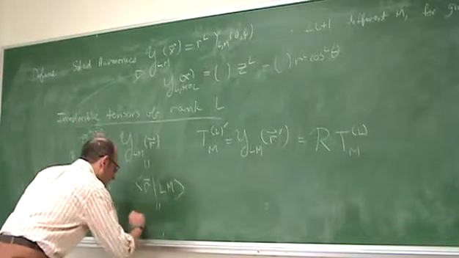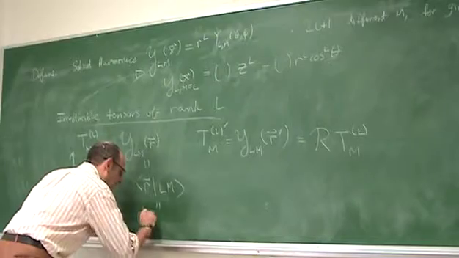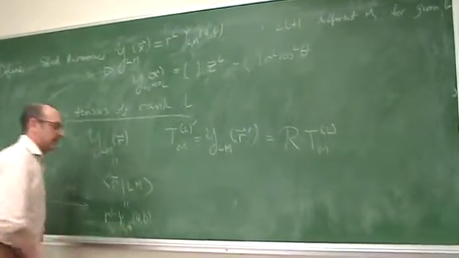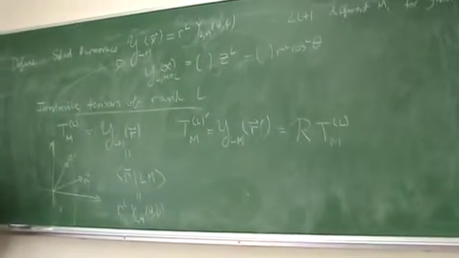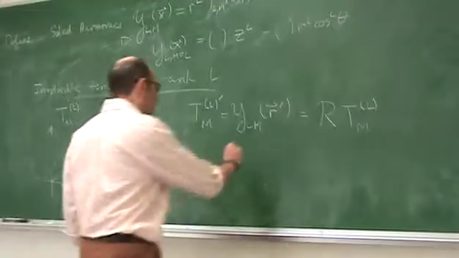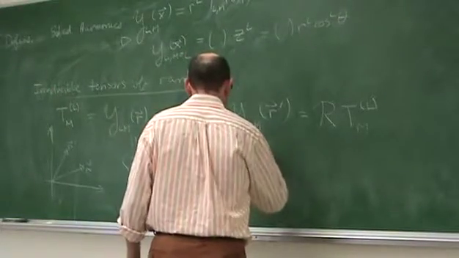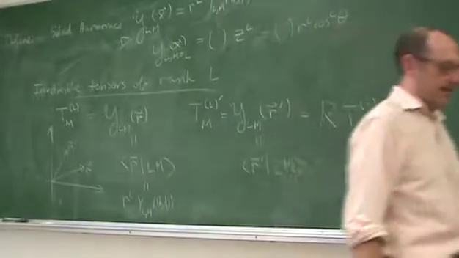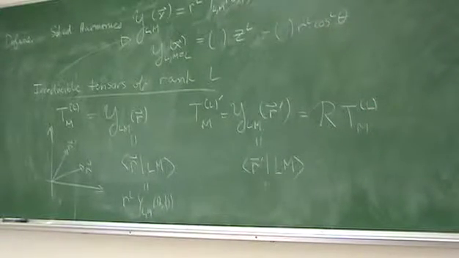I can think about this as R^L times Y_LM as a function of theta and phi. So what is this? This is equal to the wave function with respect to the rotated position eigenvector.